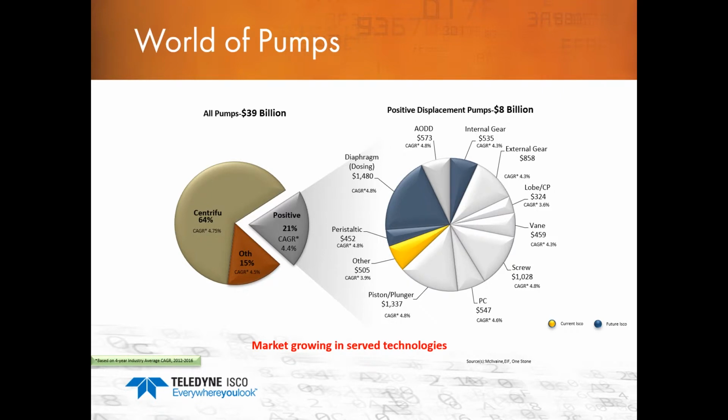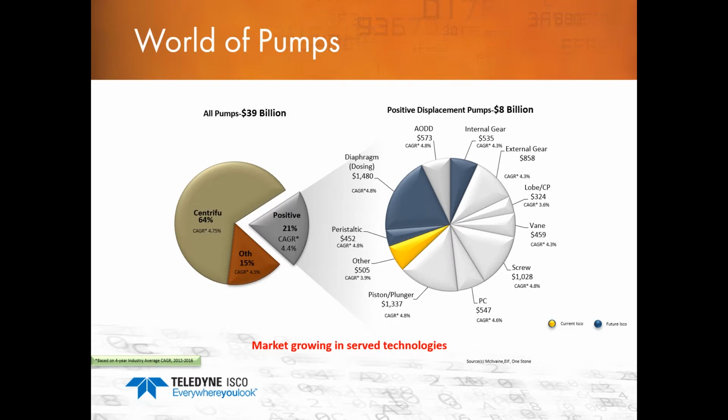And then you have positive displacement, which moves the mechanism back and forth, or many different ways to actually pump, opening a valve, closing a valve. And you can see to the right the many different types of pumps that are out there: diaphragm, peristaltic, piston, plunger, screw, vane, lobe, external gear, internal gear. And that other section is actually considered syringe pumps. And we all know that's a big world too.